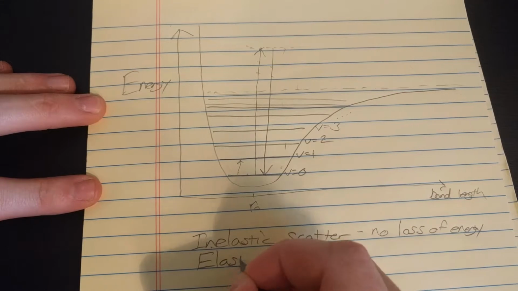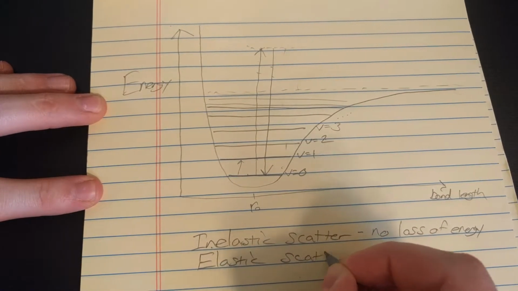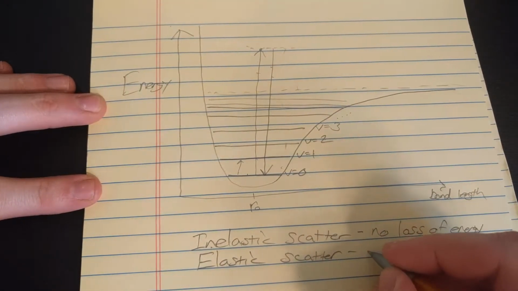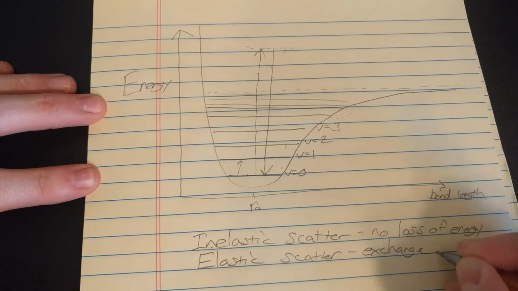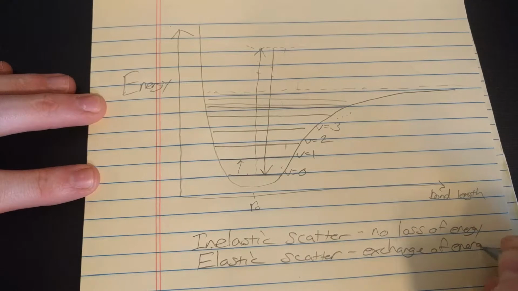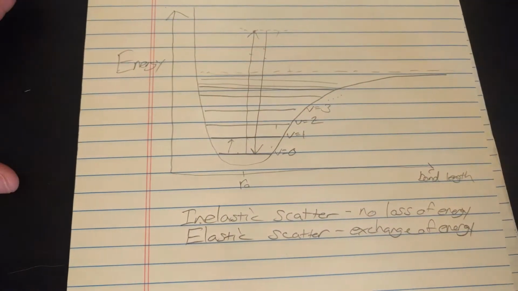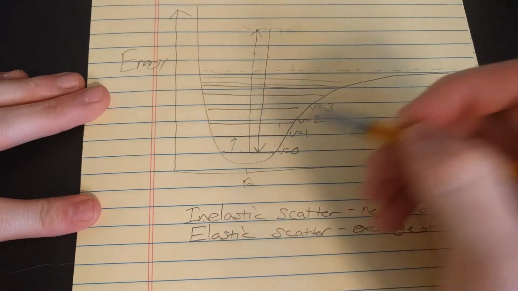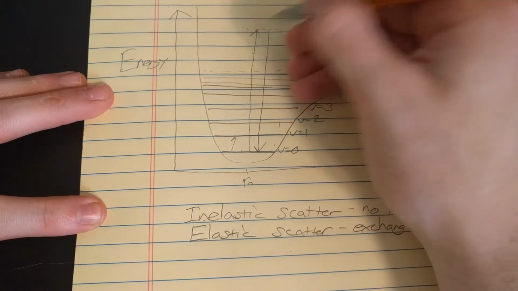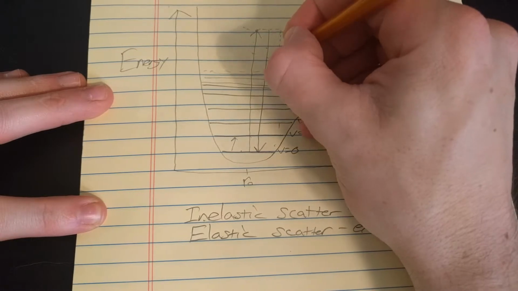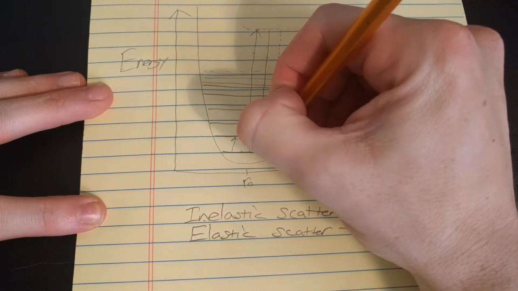Inelastic scattering, on the other hand, there's an exchange of energy. So you can have that two ways. If you start in V equals 0, well, you could go up in this case, or you could come back down and end up in V1.